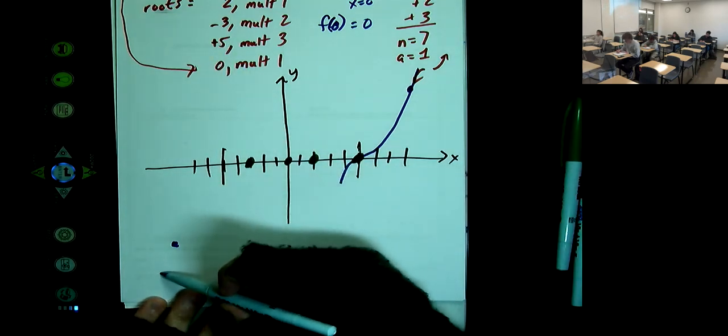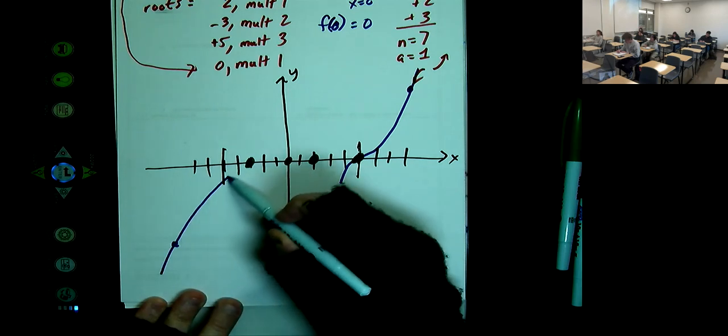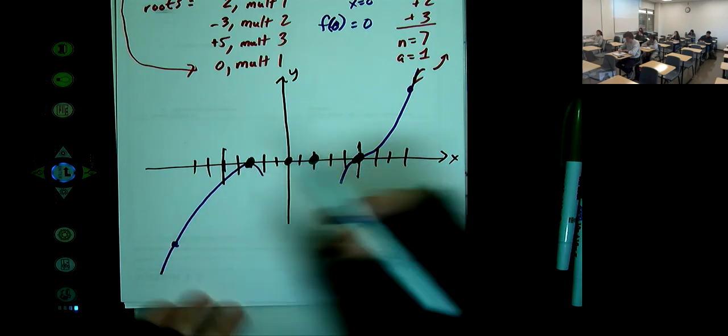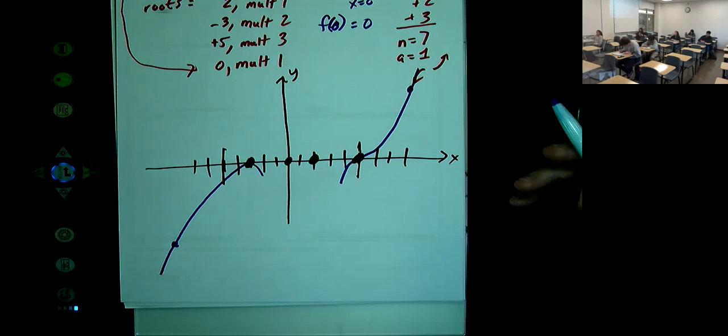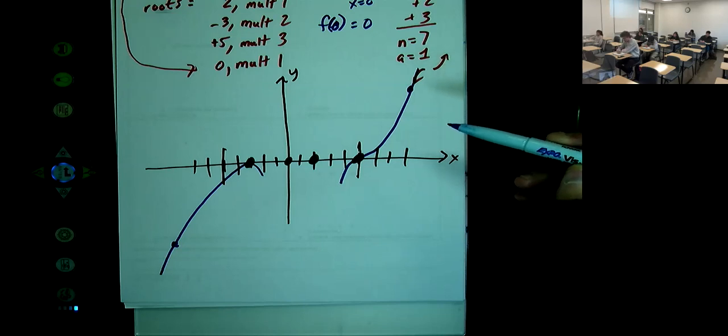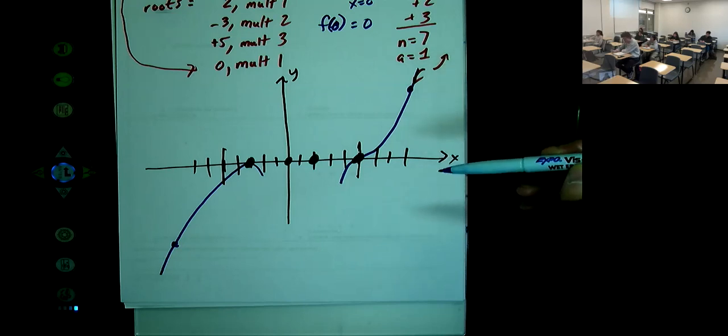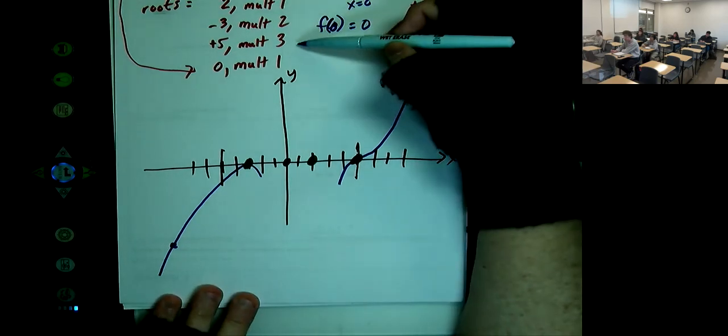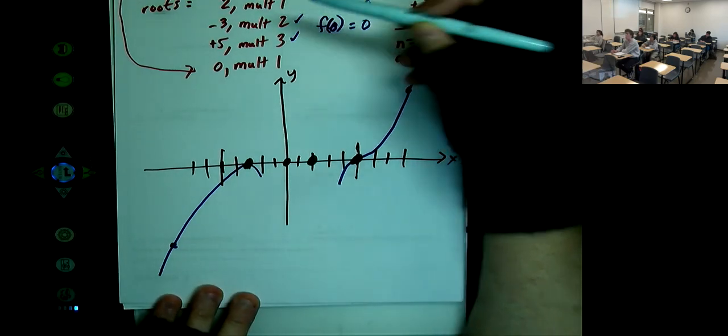I know it's coming from the negative side, it's gonna come up and bounce off right there. All right, so we cleared the 5 and the -3 so far.